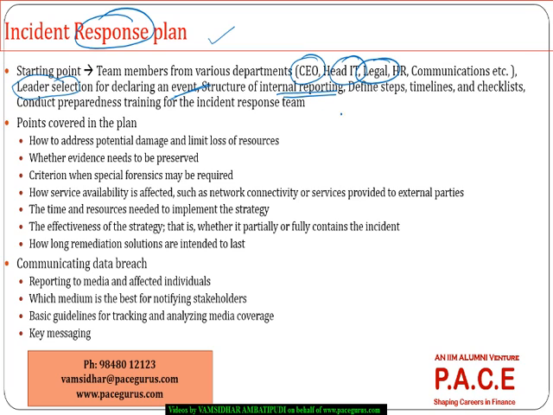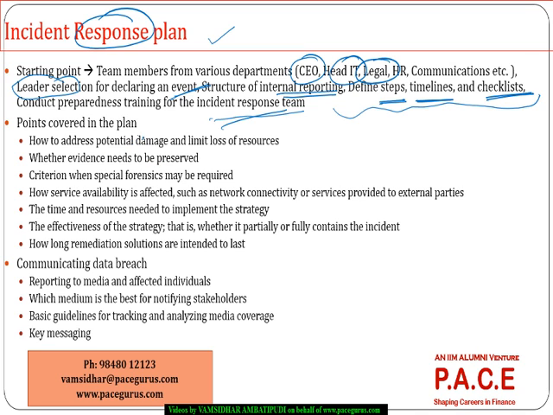How do you report it? What are the different steps in it? What are the timelines? When do we do what? And the checklist of the items. That entire thing needs to be prepared, which is what we call the incident response plan. The moment we see that some attack has occurred, what needs to be done? There should be a proper plan in place with clear details, steps, timelines, checklists, etc.